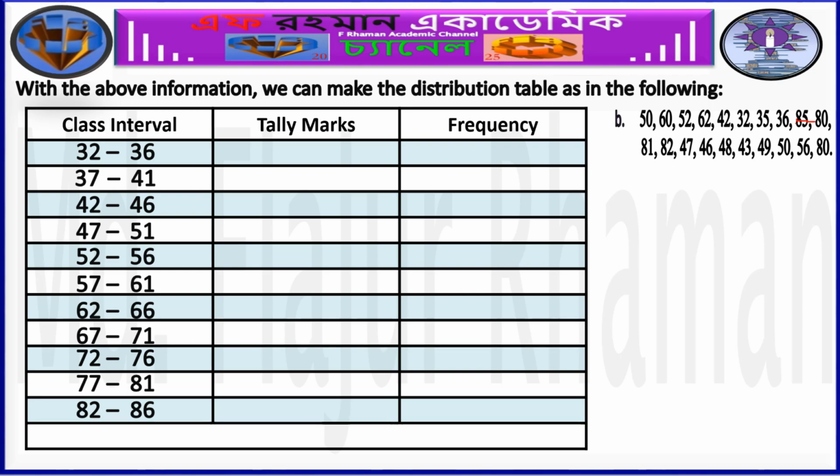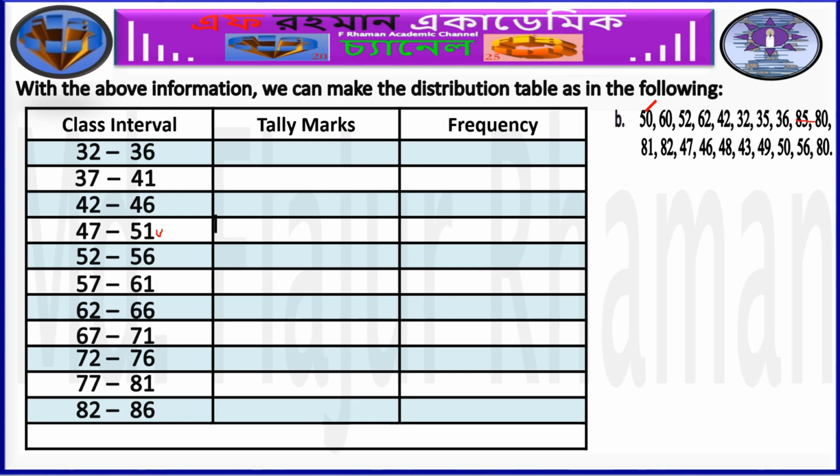However, let us try to ensure where the given data will lie. We consider first the data 50. 50 is in the class interval 47 to 51.